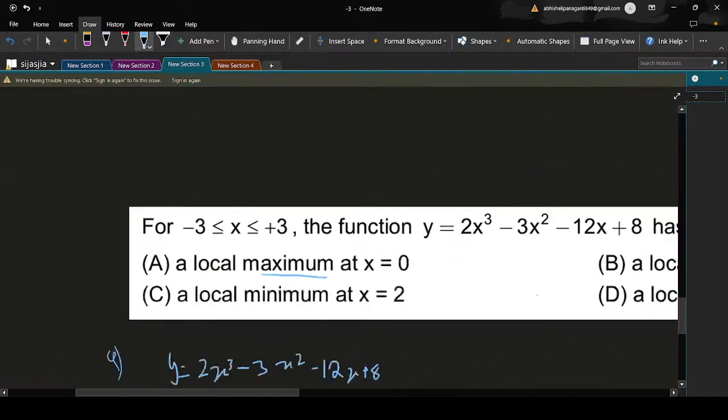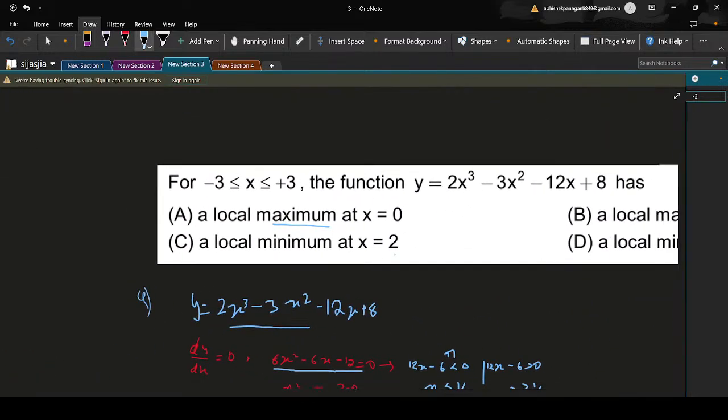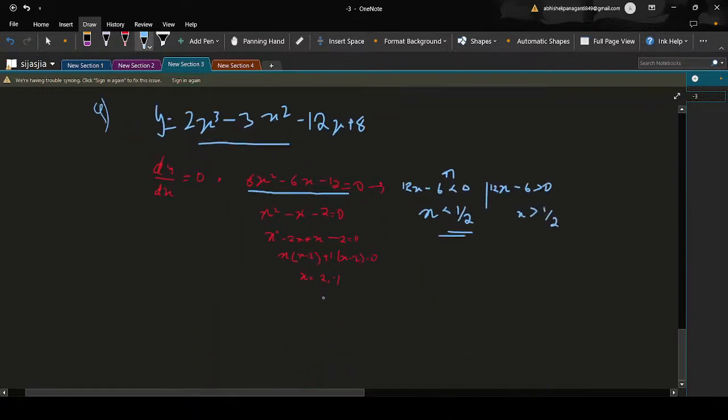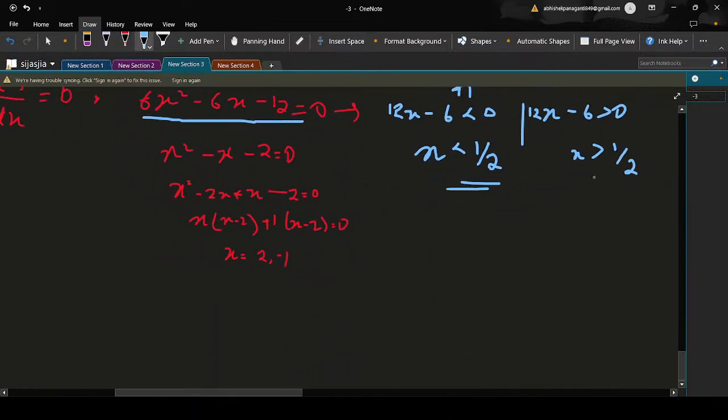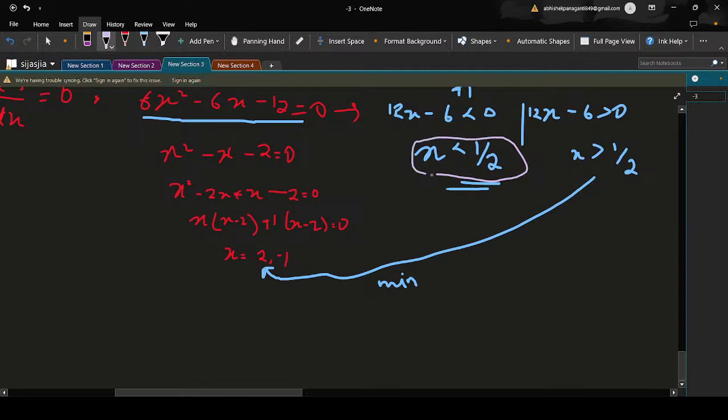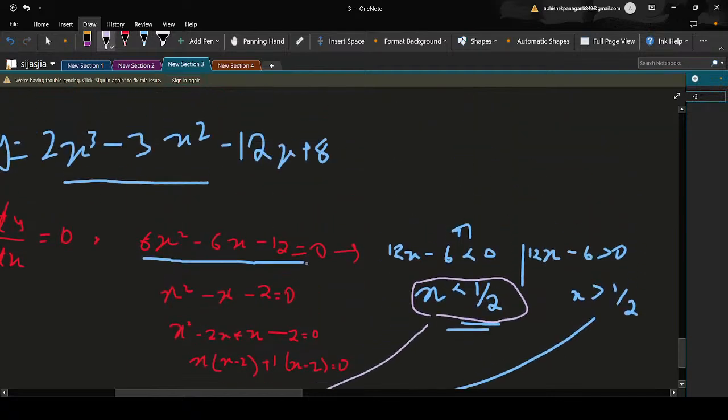Okay, local minimum. The interval which satisfies this is going to be the minimum value, and of the solutions we got, minus 1 is the only one satisfying the other condition, so this is the local maximum.